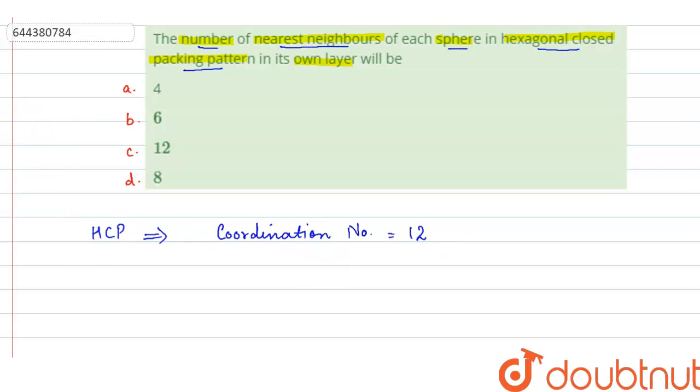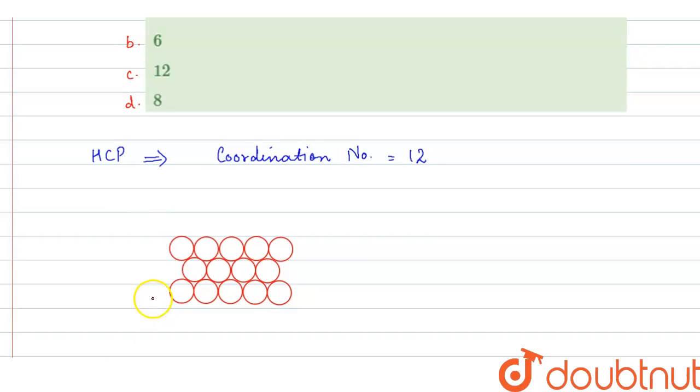So let us see the type of packing in hexagonal closed packing. First of all, we'll draw here the first layer. So as you can see, this is the first layer, that is A, which is observed in hexagonal closed packing. Now above this layer will be another layer, and below this layer will be another layer.